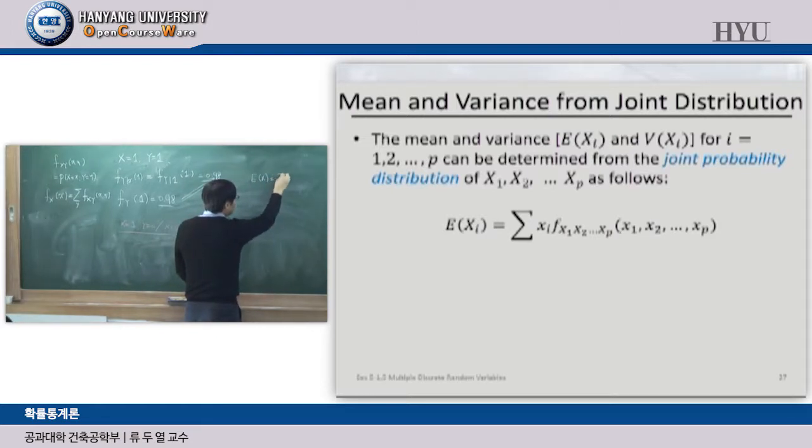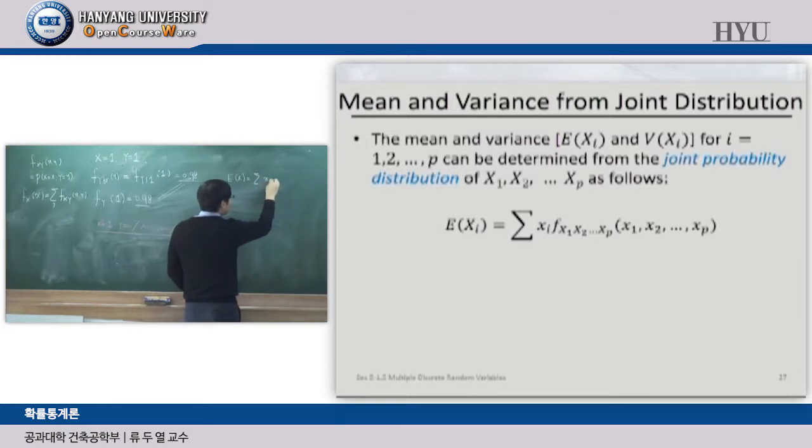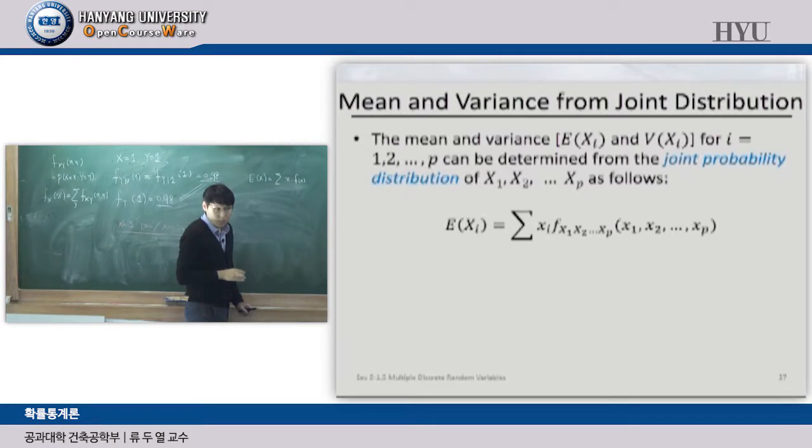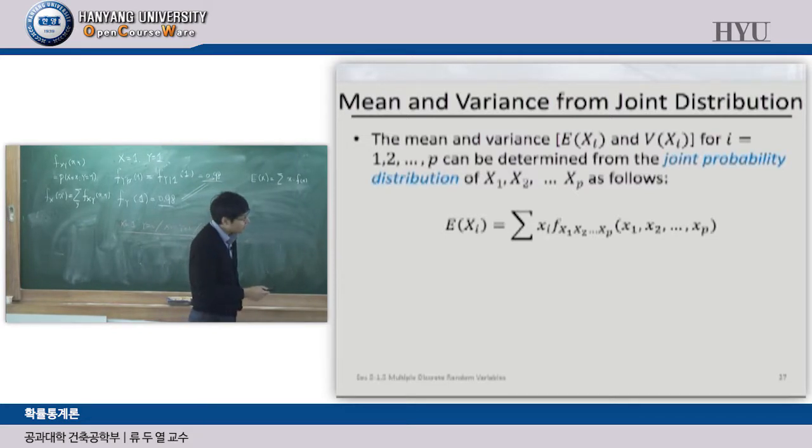E(X) was the summation of x multiplied by the probability mass function, right? In this case, just the probability mass function is changed to the joint probability mass function, right? Because the number of random variables is not 1 anymore, okay? So, this can be easily extended from this basic equation, okay?